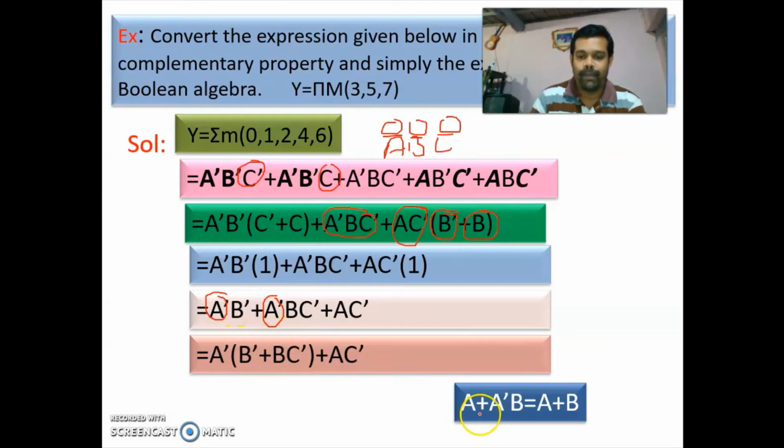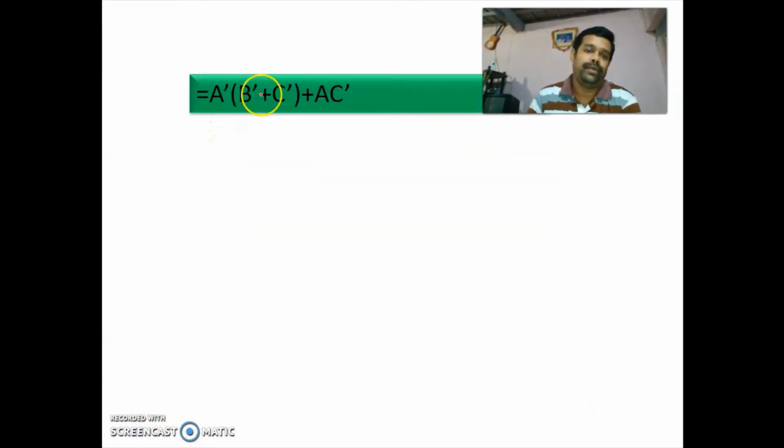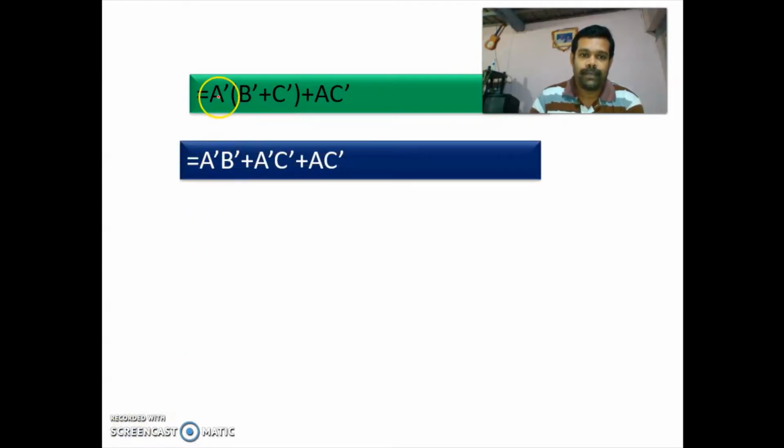This is of the form A plus A bar B. In the place of A you have B bar, in the place of A bar you have B. So A plus A bar B is equal to A plus B. Similarly, B bar plus B C bar is equal to B bar plus C bar. So A bar into B bar plus C bar. Now multiplying, A bar B bar plus A bar C bar plus A C bar.